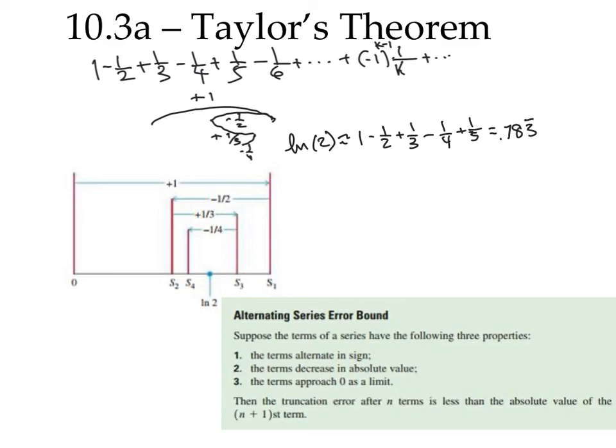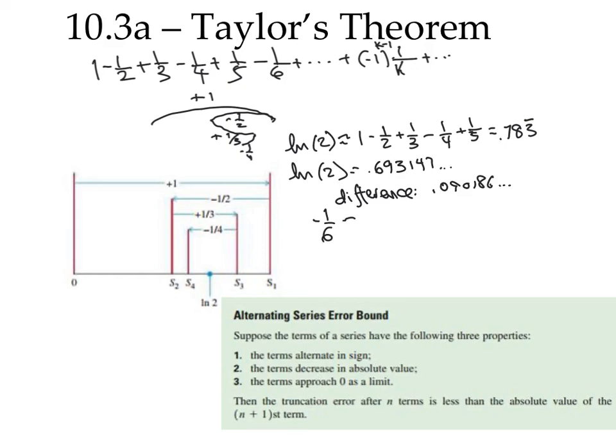0.783 repeating. Now, just for comparison, the natural log of 2 is, these two differ by 0.090186. But the key thing is, what was the first term we left off? And the first term we left off was minus 1/6.